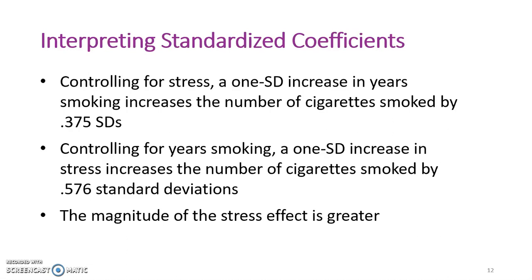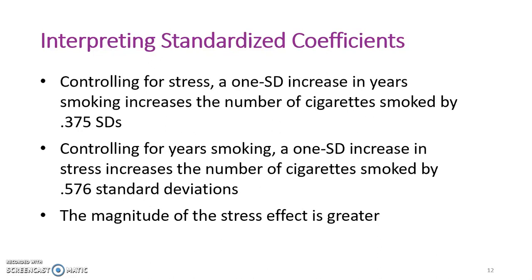So for years smoking as a predictor, we would say that controlling for stress, a 1 standard deviation increase in years of smoking increases the number of cigarettes smoked by 0.375 standard deviations. For the stress predictor, controlling for years smoking, a 1 standard deviation increase in stress increases the number of cigarettes smoked by 0.576 standard deviations.